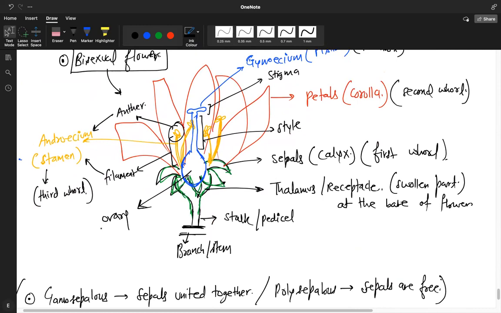Okay. And if the petals are free, it's called polypetalous.